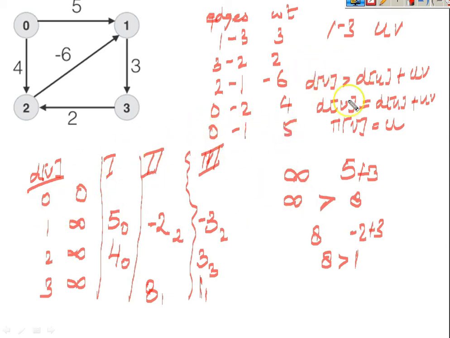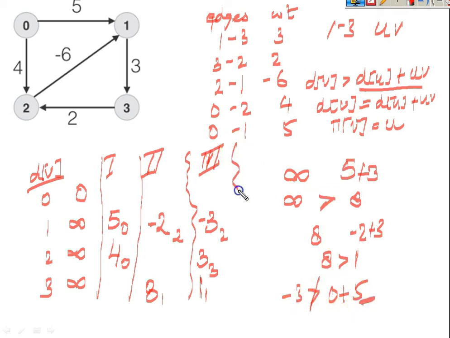If I write using this formula, the d value of 0 is 0, the distance is 5, and for the v value, that is 1, the d value of 1 is minus 3. So this condition does not hold, so we are not going to change anything because minus 3 is already less than 5.